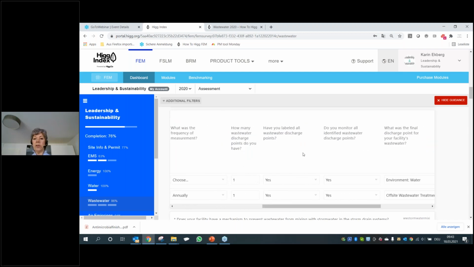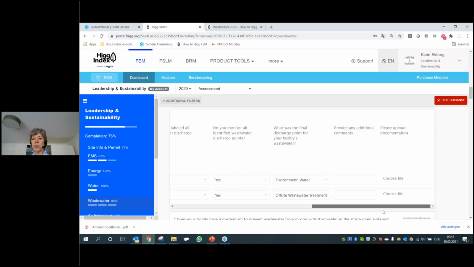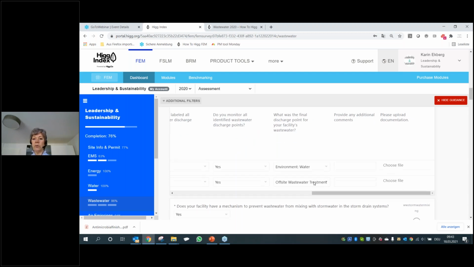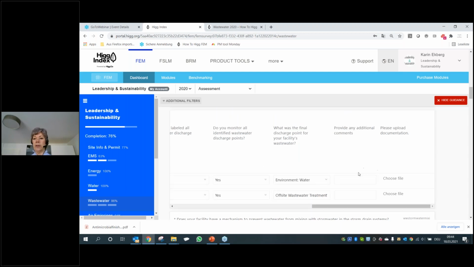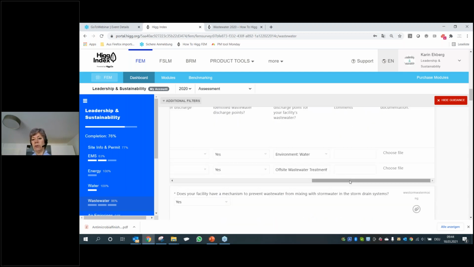And then these are the new questions here. How many wastewater discharge points do you have? Have you labeled them? Do you monitor all identified wastewater discharge points? What was the final discharge point for your facility's wastewater? And we can see here, for example, it may be an off-site wastewater treatment plant, septic or lagoon, environment land, environment water, recycled or reused in the facility. And then you can also provide any additional comments that you may have.